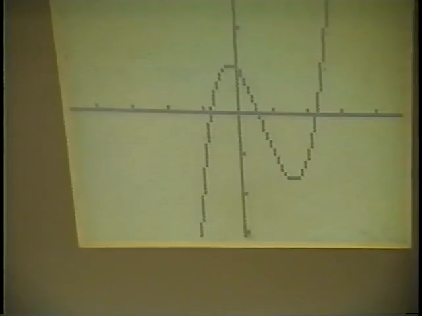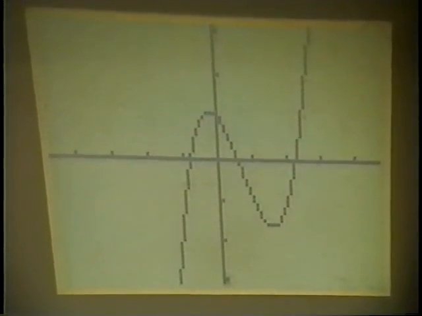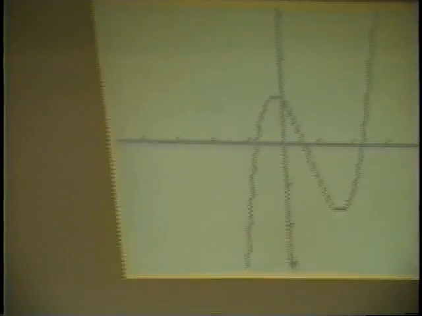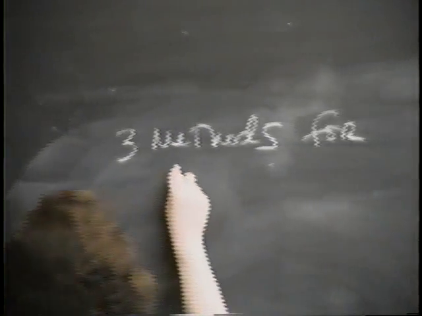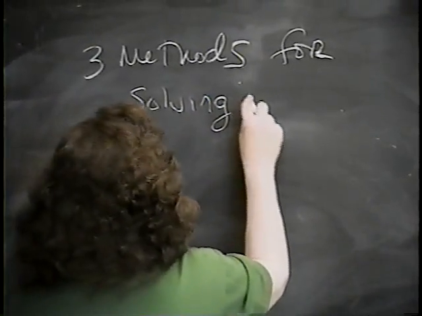Now, there are a variety of ways that one can use to find the roots of this equation, or correspondingly the x-intercepts. I'm going to show you 3 methods that we can use. There are others, but the most popular are the following 3 methods for solving equations.